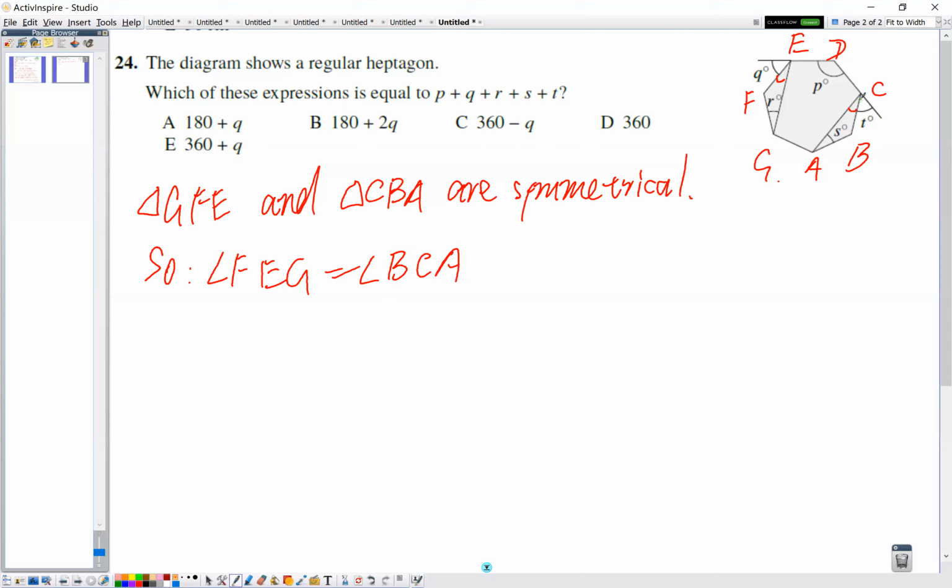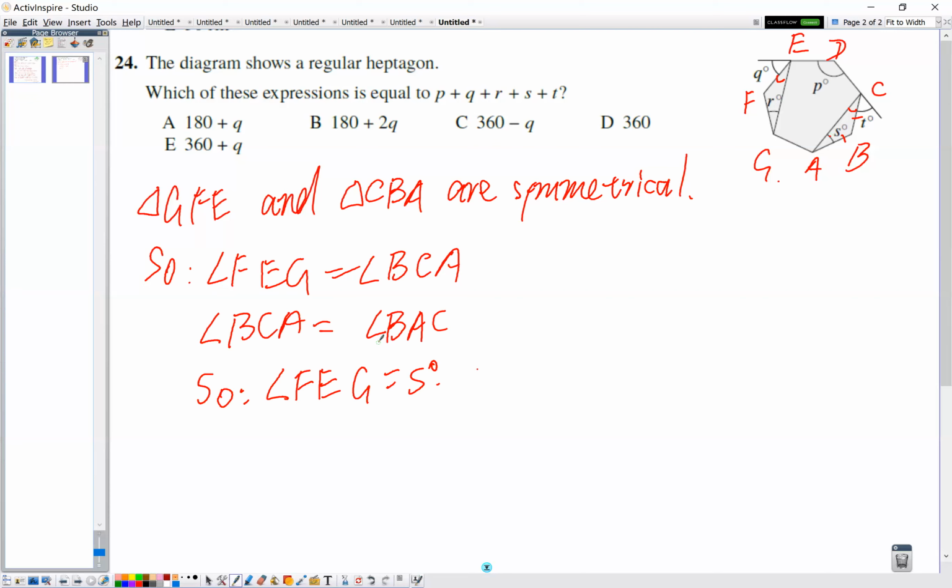Look at this angle here. BCA is equal to angle BAC. This little angle equals this little angle because there are isosceles triangles here. So we can get angle FEG becoming S degrees.